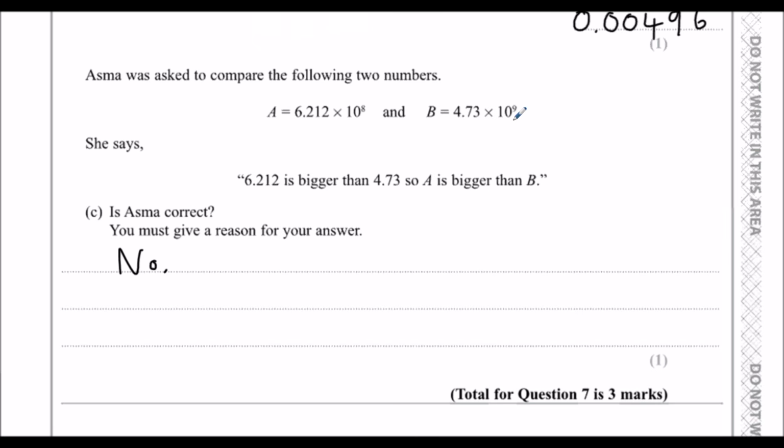B is billions, so 4.73 billion. And A is hundreds of millions, so 621.2 million.